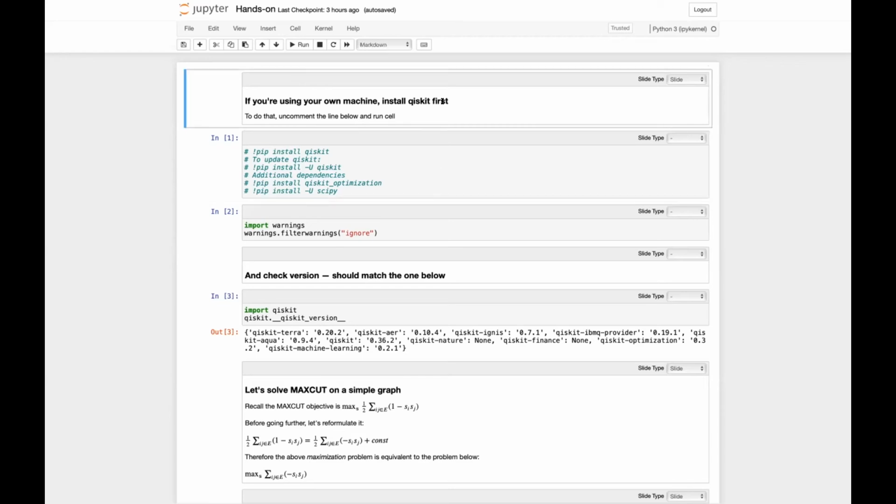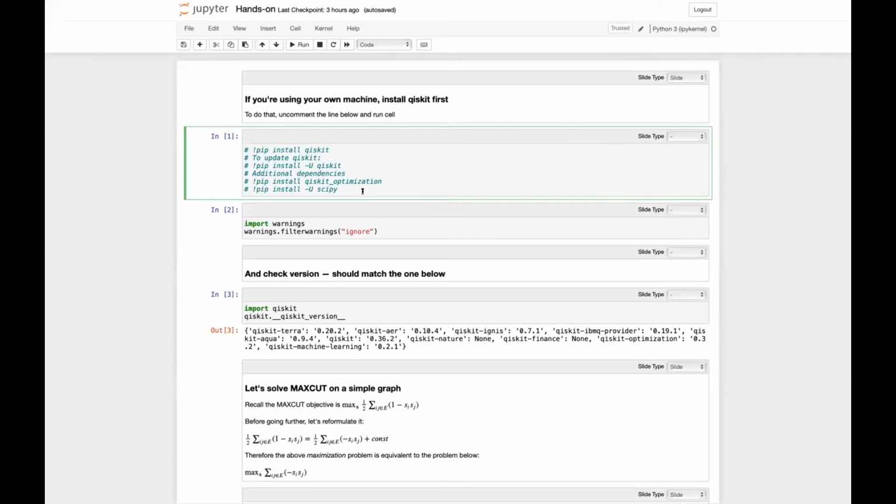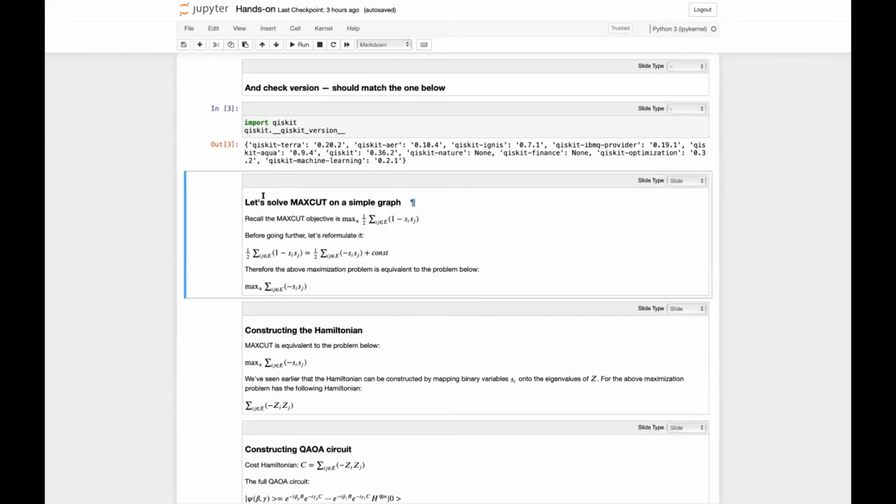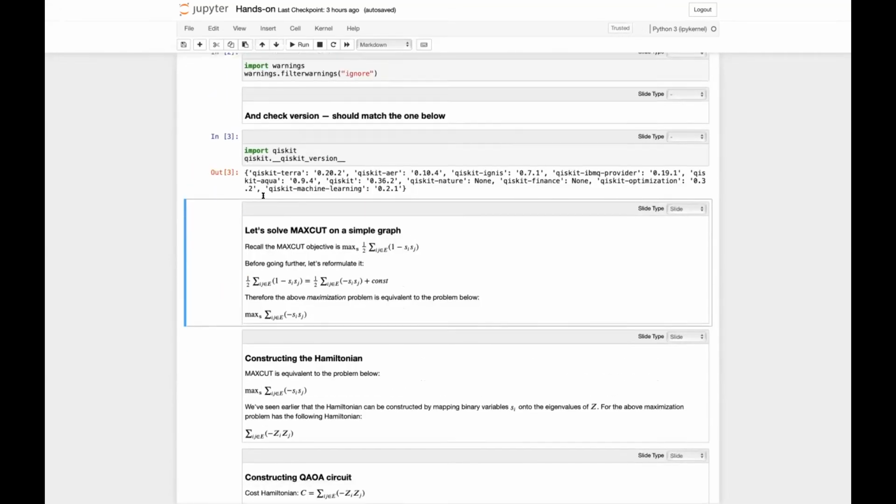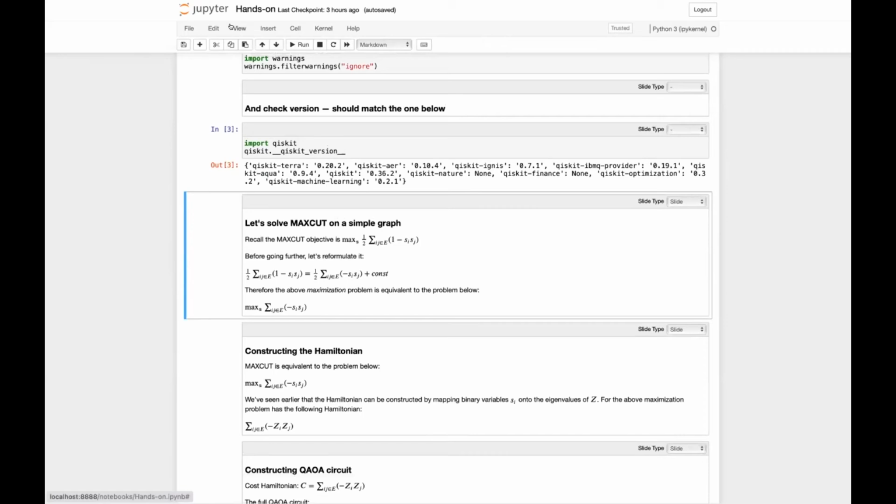So I pushed the latest notebooks only like 30 minutes before the tutorial, but I think there have been actually no changes. You just need to install the dependencies, which are Qiskit and Qiskit Optimization, and you need to update SciPy because some things break with the latest SciPy. Okay, so with that, you should be good to do the hands-on. Let me see if I can start.